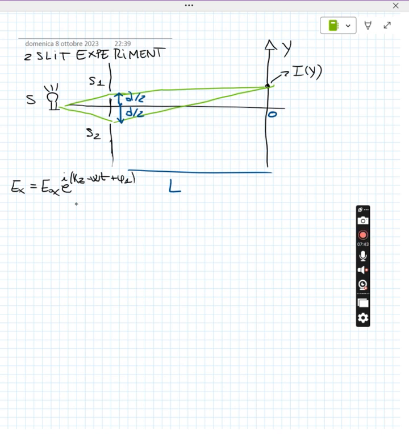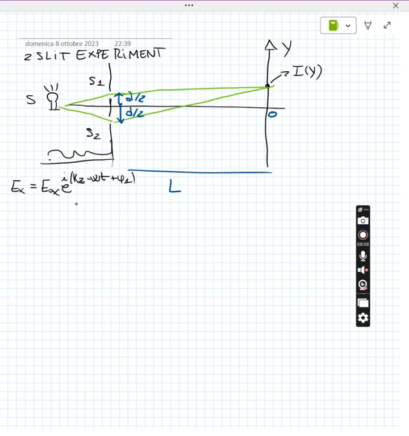You can notice that before this line, the two rays are generated in the same way and follow the same path, so this part doesn't count. There is no phase shift here.